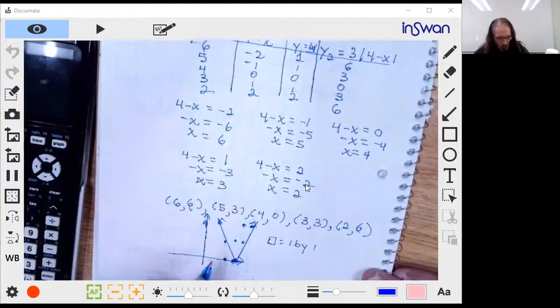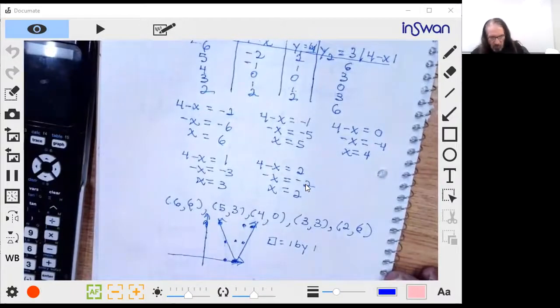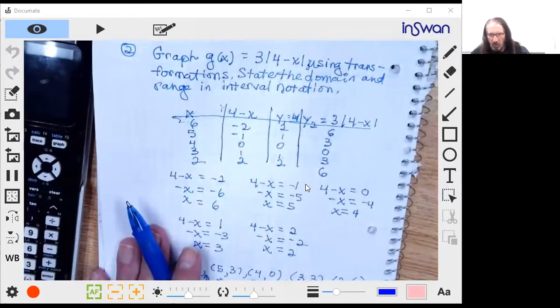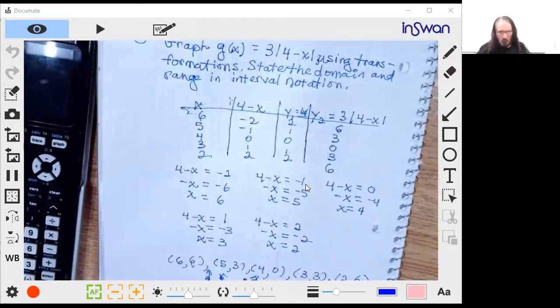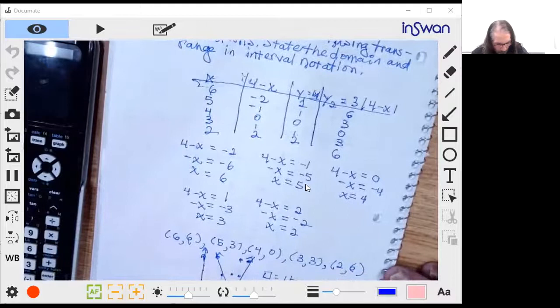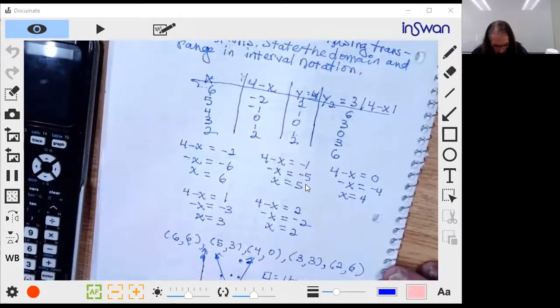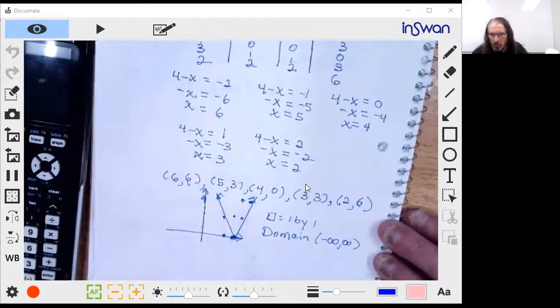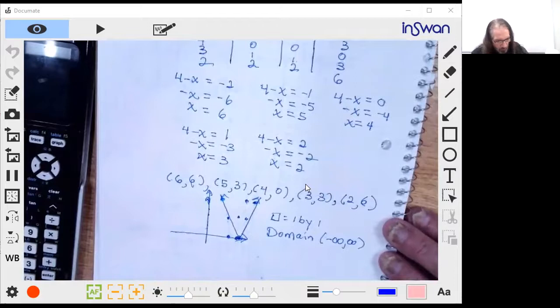Oh, by the way, the domain and range. The domain of the absolute value is all real numbers. Whatever has occurred inside there with having 4 minus x before taking the absolute value, we can put anything we like into 4 minus x and then take its absolute value. Multiplication by 3 outside is a vertical change, and so would not affect the domain.